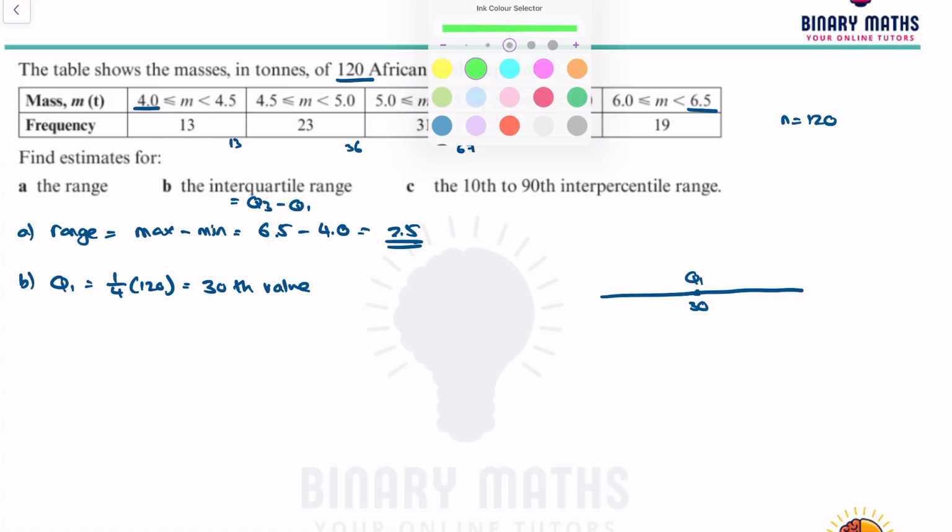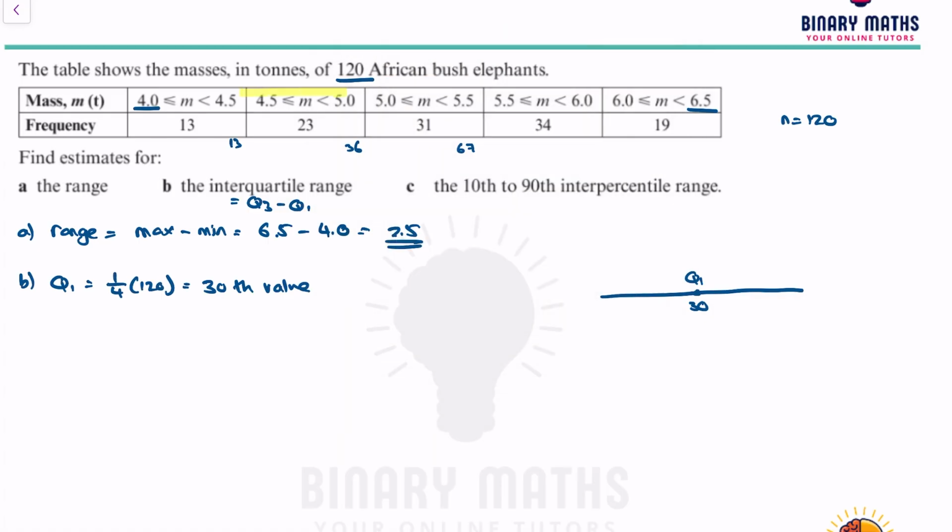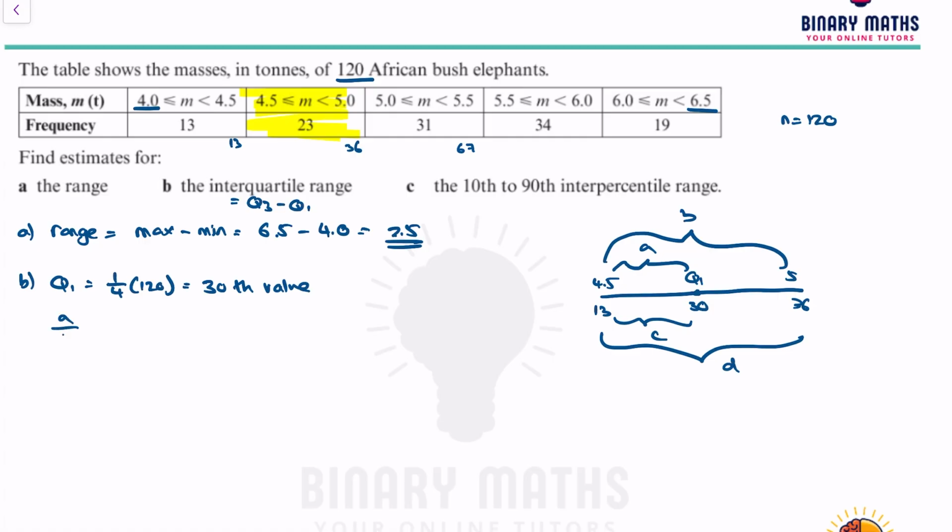We're looking for 30, it's in this class interval. So it's between 4.5 and 5, and the frequency goes from 13 to 36. So if this is A, this is B, this is C, and this is D, then A over B is equal to C over D, which implies Q1 minus 4.5 over 5 take away 4.5, which is 0.5, is equal to 30 take away 13, which is 17, over 36 take away 13, which is 23.